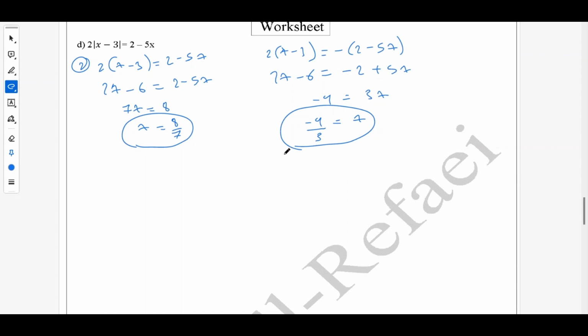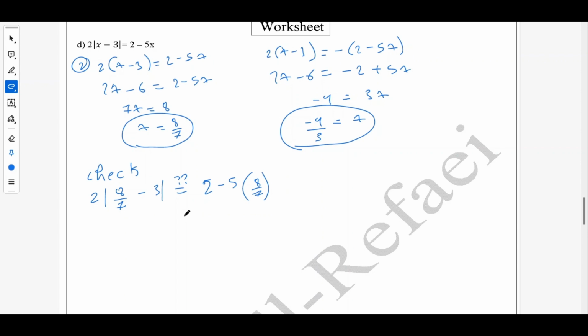I'm going to use the checking way. Always check. 2 modulus of 8 over 7 minus 3, does it equal 2 minus 5 by 8 over 7? Use the calculator and get the answer for both sides.